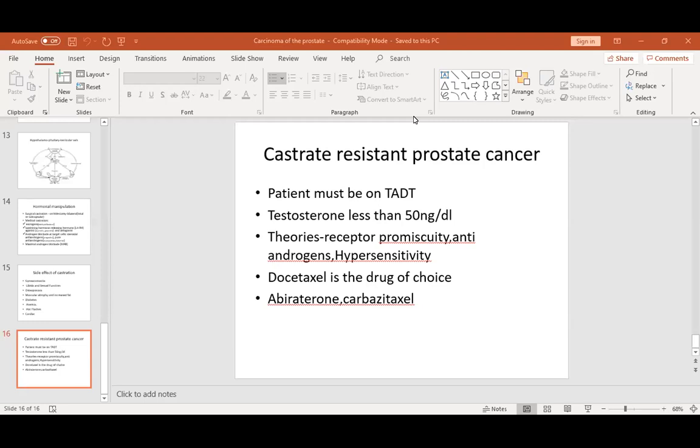The flare phenomenon of luteinizing hormone releasing hormone agonists. And you can prevent that by giving an anti-androgen, okay? Some literature will say you give an anti-androgen for a week before you start your luteinizing hormone releasing hormone agonists. So this is a very important question, and I hope I have addressed it in a very clear way.